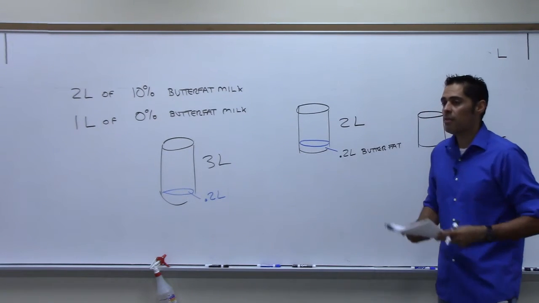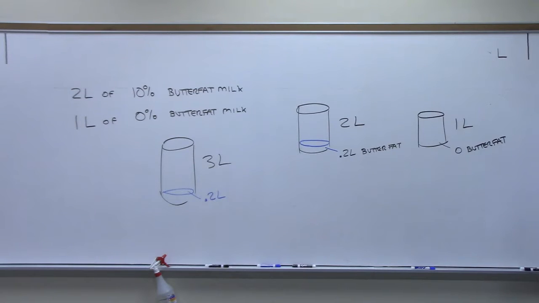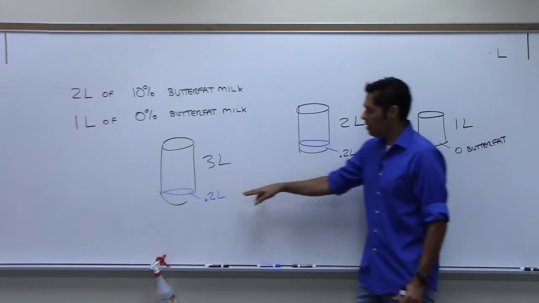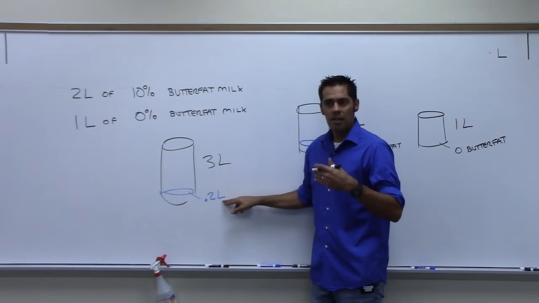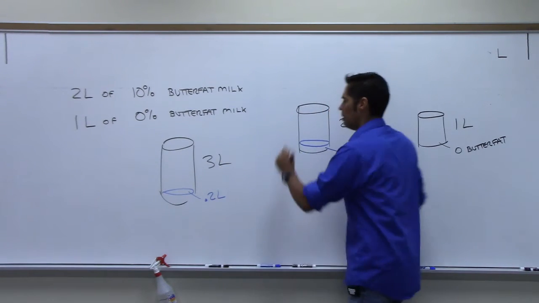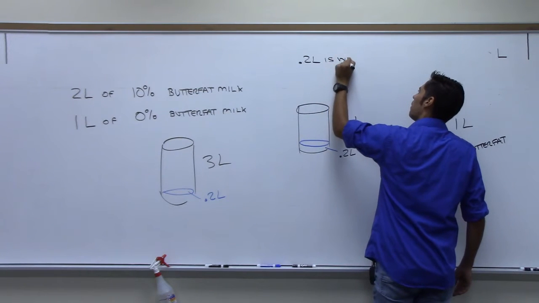What is the percentage of butterfat though? It was 10% here, right? But here, the question you're asking is 0.2 liters is what percent of 3 liters?